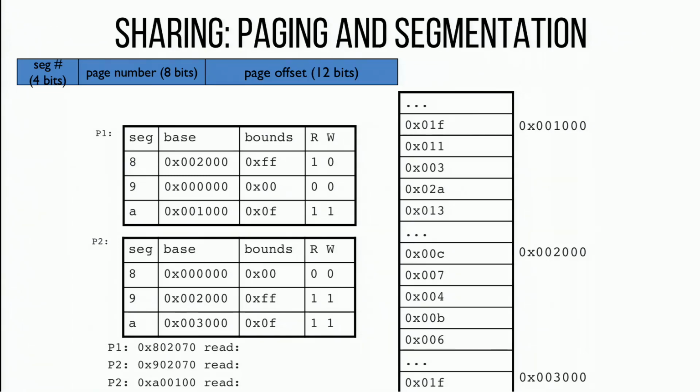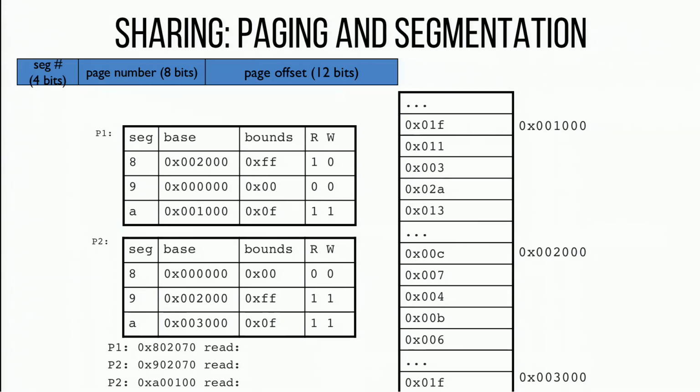The last one just shows that you could also have sharing just at the page level. So in this example, we're looking at segment A. That has a certain base of 3, page 0 there. And just notice that that's also mapped to the same physical page as some other page in a different segment.